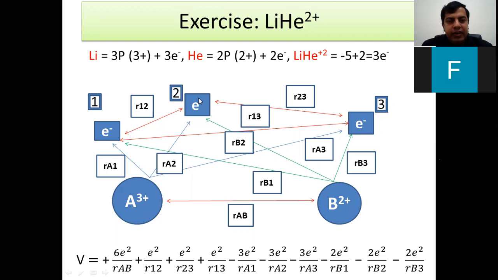Again with the second and third, minus multiplied by minus, the sign will be plus, and E multiplied by E is e square, and this is the distance between these two, R23. Similarly you can do with electron 1 and electron 3. The sign will be positive, and only the distance is going to change, and this distance is R13. 1 indicates electron 1, and 3 indicates electron 3.